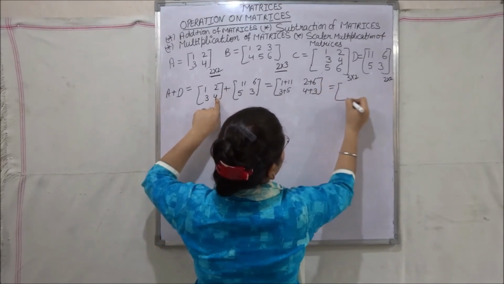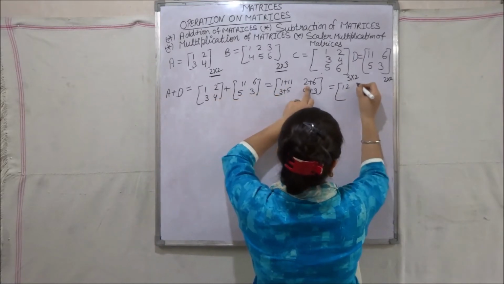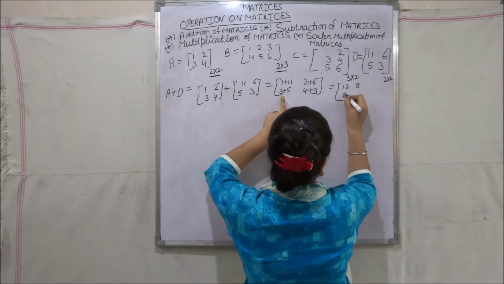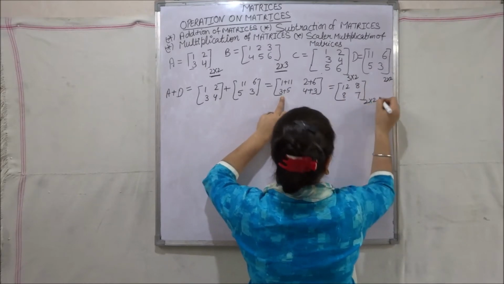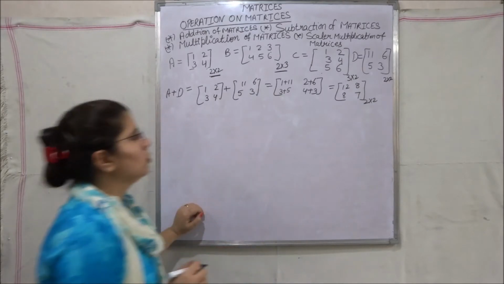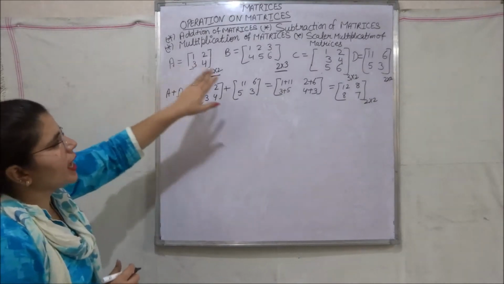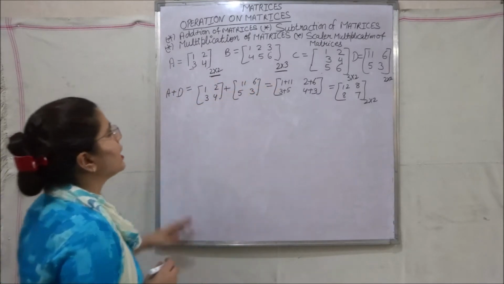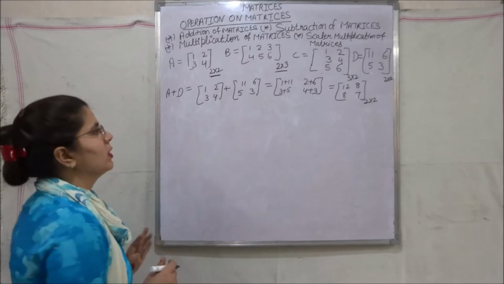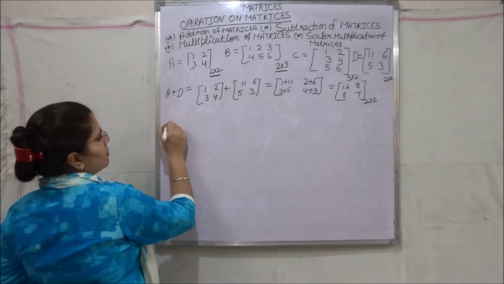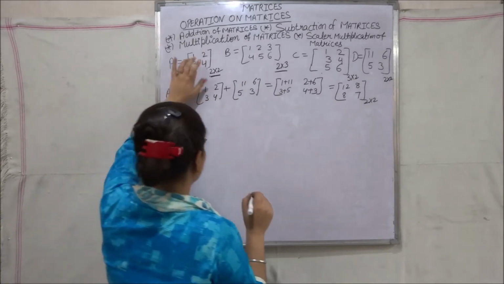After addition we have 1 plus 11 is 12, 6 plus 2 is 8, 5 plus 3 is 8, 4 plus 3 is 7. It is of order 2 cross 2. So in this way we add A and D matrices, but addition of A and B and of A and C are not possible.